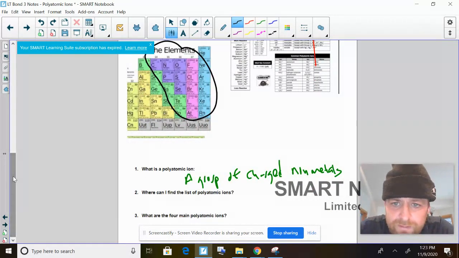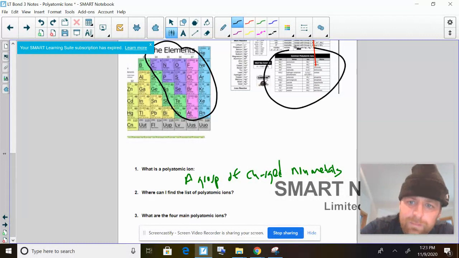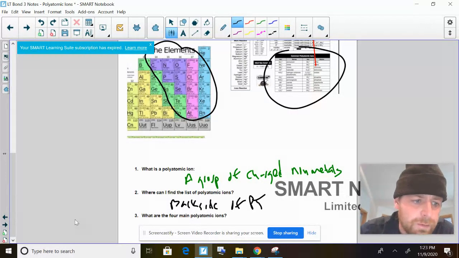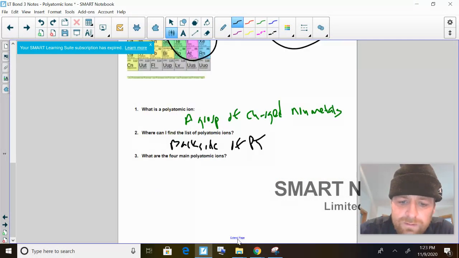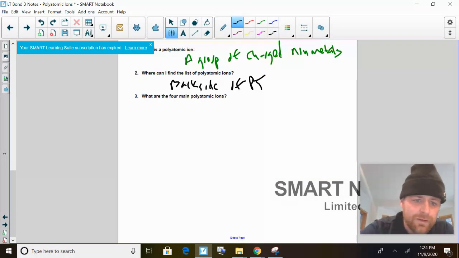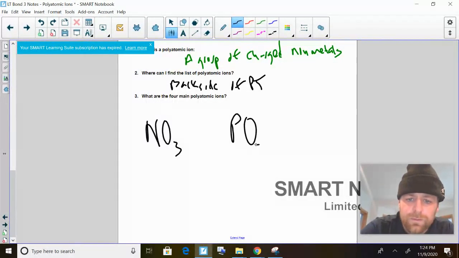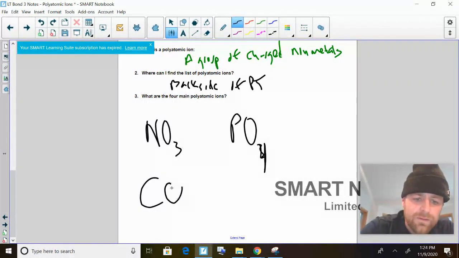Where can I find these lists of polyatomic ions? On the backside of the periodic table. And what are the four we're going to talk about? Nitrate, which is NO3, phosphate, PO4, carbonate, CO3.